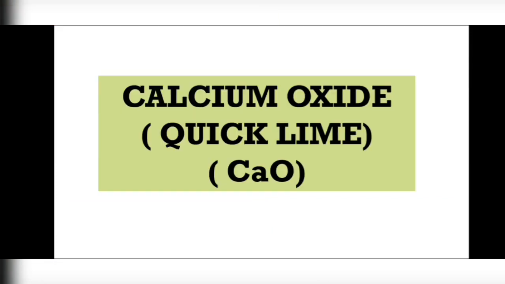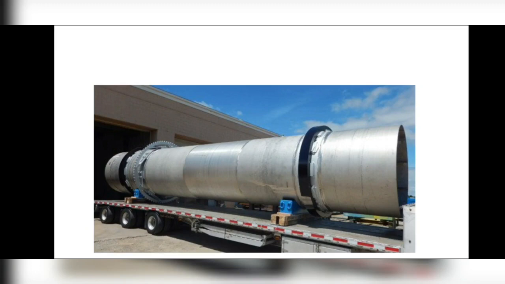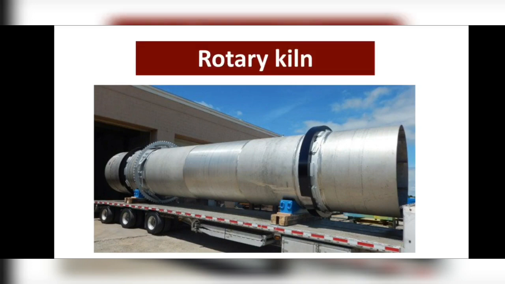Now the first one is calcium oxide, also called quicklime, and the formula is CaO. Calcium oxide or quicklime is prepared on a commercial scale by heating limestone, that is calcium carbonate CaCO3, in a rotary kiln at 1070 to 1270 Kelvin.